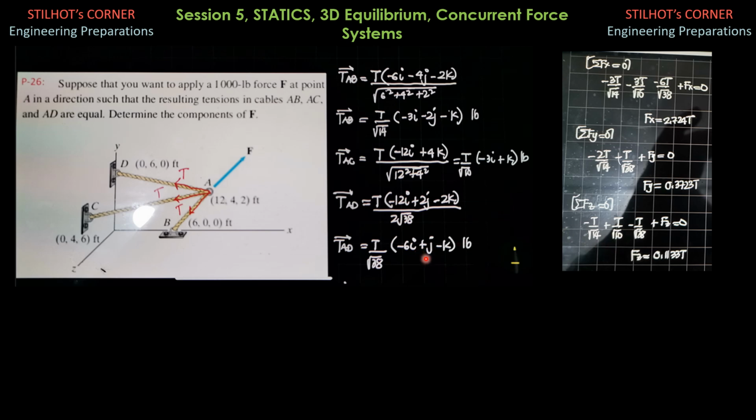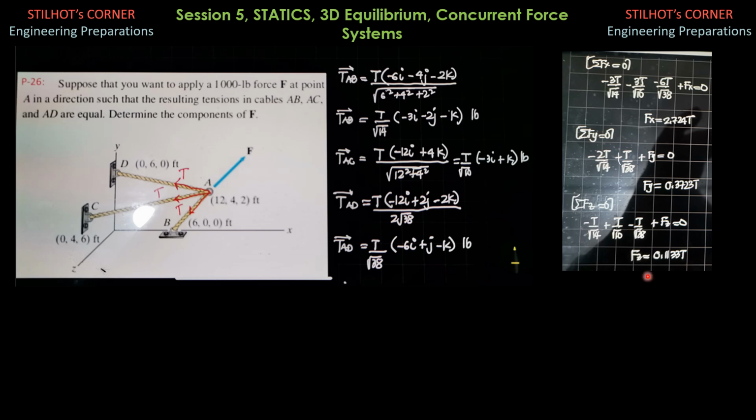For AD, it is negative t over square root of 38 plus Fz equals 0. So combining 1 over square root of 14 plus 1 over square root of 38 after we transpose minus 1 over square root of 10. So it is 0.1133 of t for Fz.